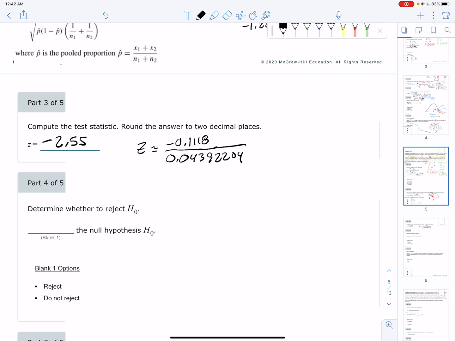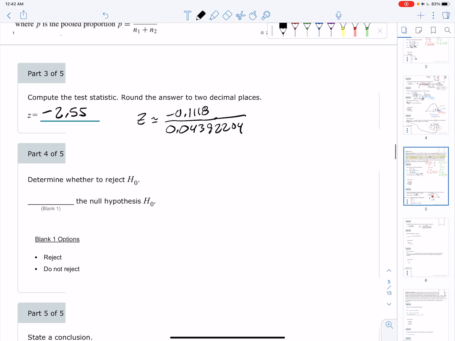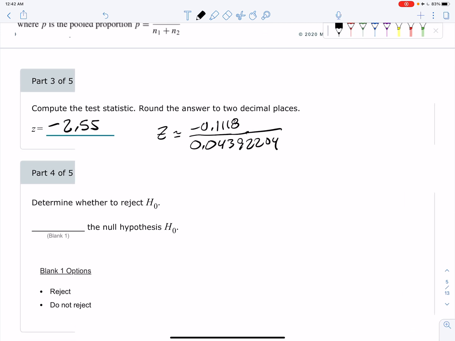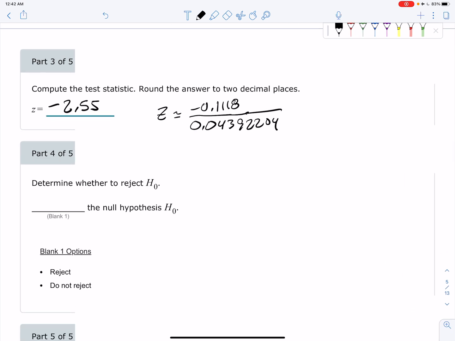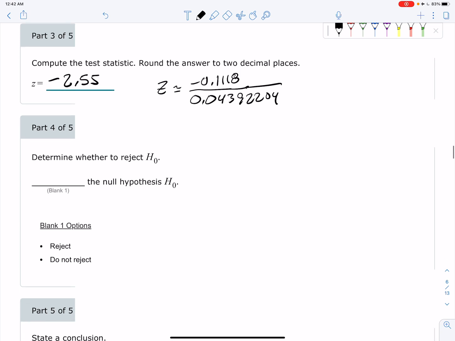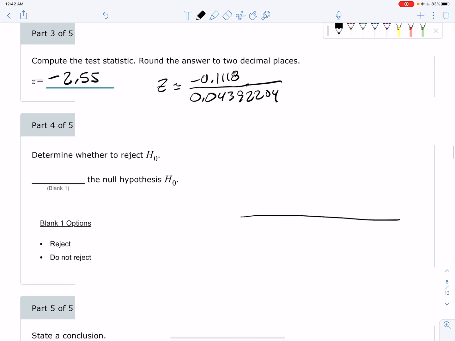So now we have our Z score. Now we want to determine whether we reject or not. So I'm going to draw that picture again. The more you do this, you probably don't have to draw a picture, but I think it's a good thing. So what we want to do is look at our normal distribution. There's our 0.